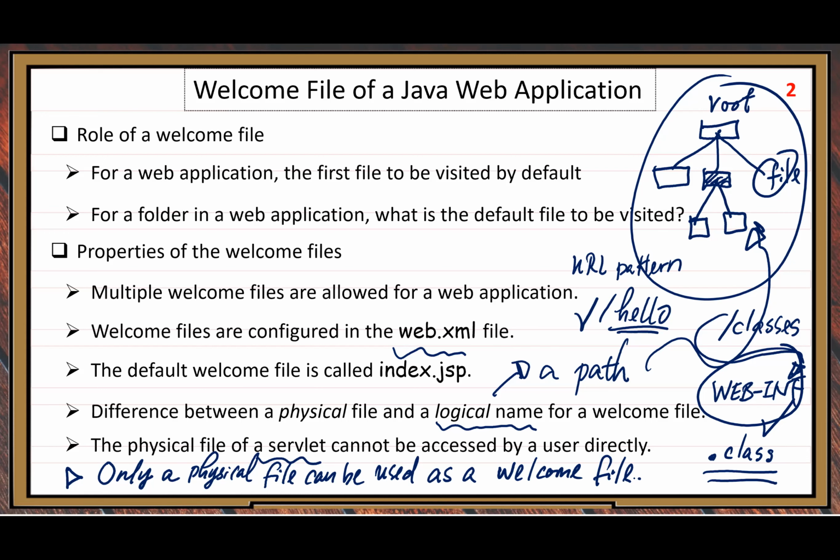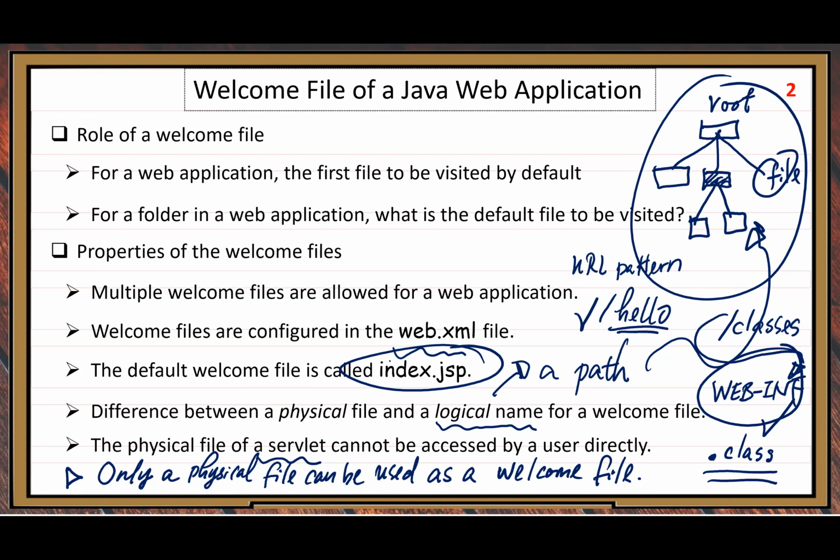Now we can go back to explain why we use index.jsp, not a Java servlet, as a welcome file. Because the physical file of a servlet is not exposed to outside people. We can only use a logical name to access a Java servlet, but a logical name cannot be used as a welcome file.